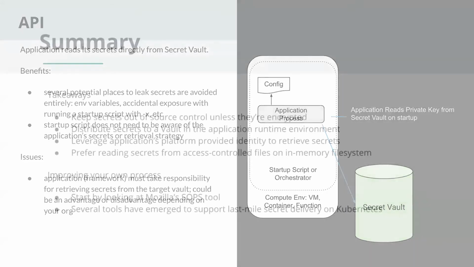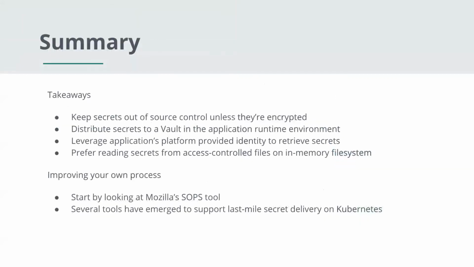Let's see. So to summarize, keep secrets out of source control unless they're encrypted. Distribute secrets to a vault that is in the application runtime environment so that you have a cohesive set of security, fault, and management domain policies.